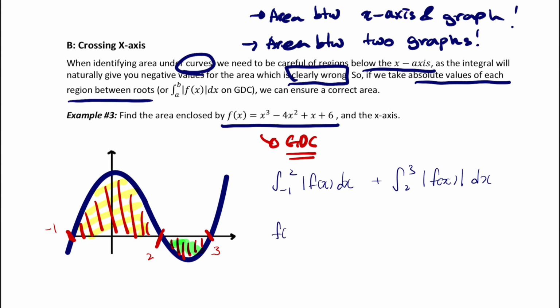So f of x, when you integrate this, becomes x to the power 4 over 4 minus 4x cubed over 3 plus x squared over 2 plus 6x. Since this is a definite integration, there's no c, so we don't have to worry about the c part.